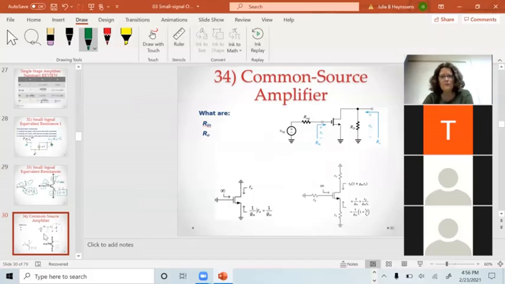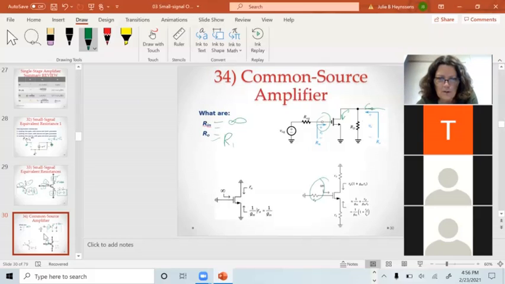So if we want to use this model to figure out what RN and RO are, instead of breaking it down and drawing the transistor model, if we apply this diagram here, the input resistance is looking into the gate. Looking into the gate, I see infinity. It's an amazing shortcut, if you believe it for now. Looking into the drain of the transistor right here, I see RD in parallel with the resistance looking into the drain.